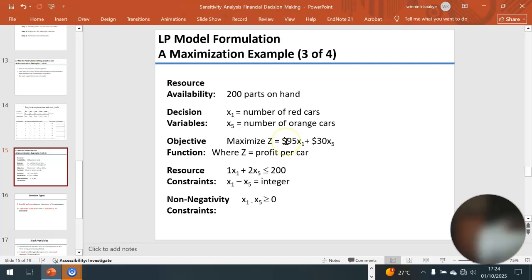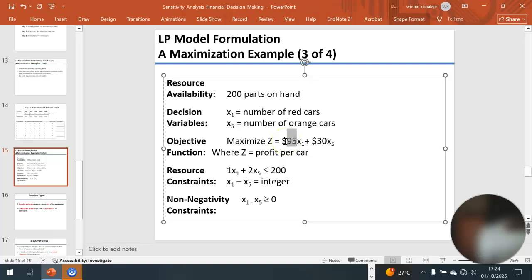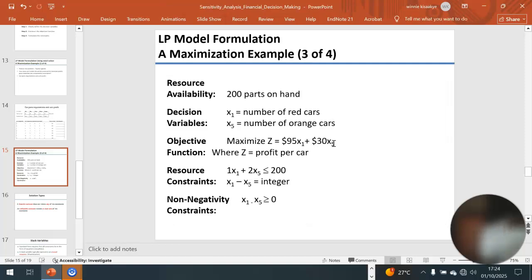So that's why here we just got a sample: 95x1. This $95 represents the profit per unit of red cars and its associated units of production represented by x1, plus the $30 of profit per unit of orange cars times its levels of production, as in the units produced, which is represented by x5.